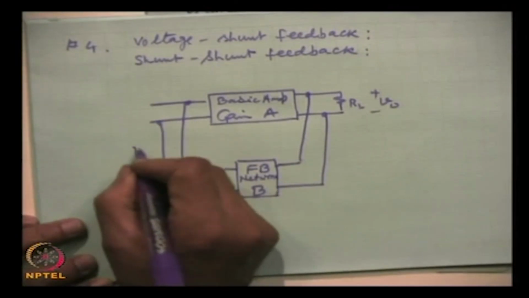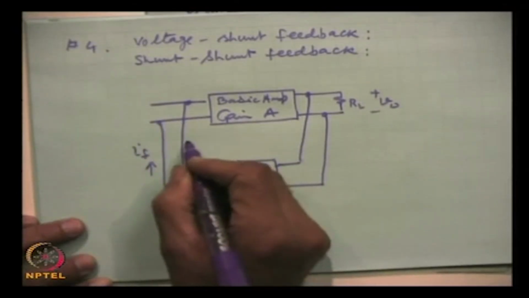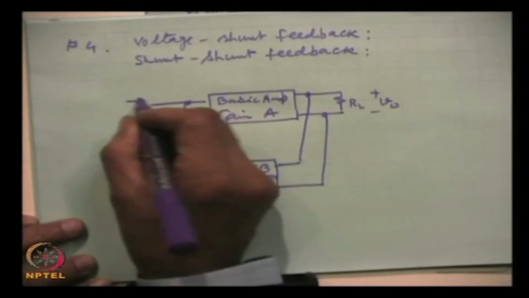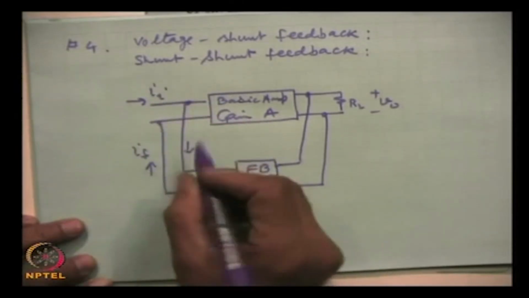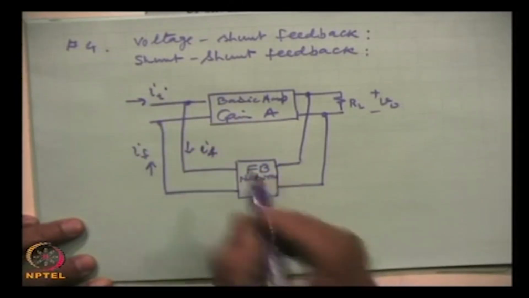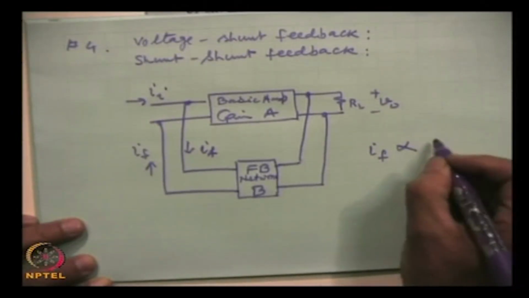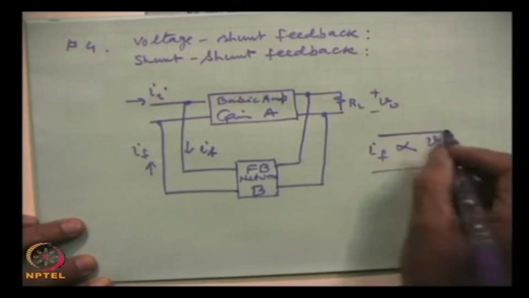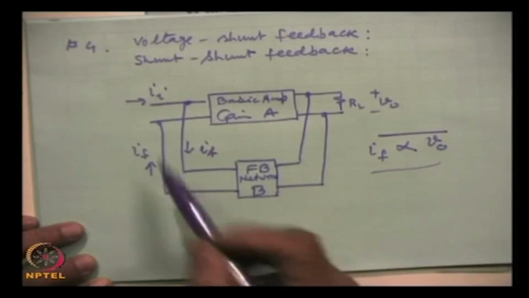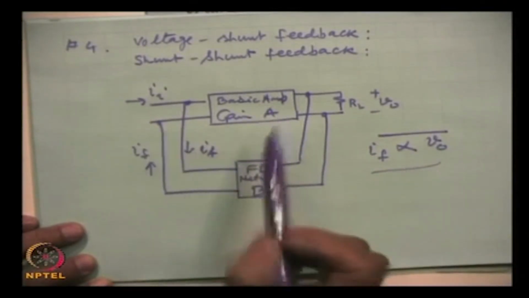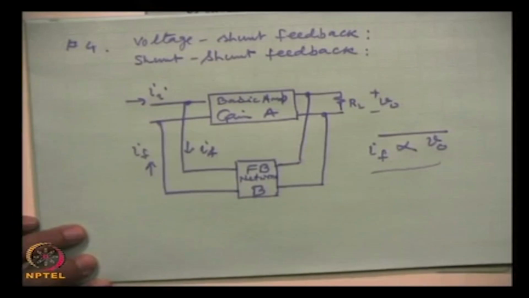This is the current which will be compared at the input with the input current I I, so I F is proportional to V 0 and this I F is compared here. So, this is voltage shunt feedback.